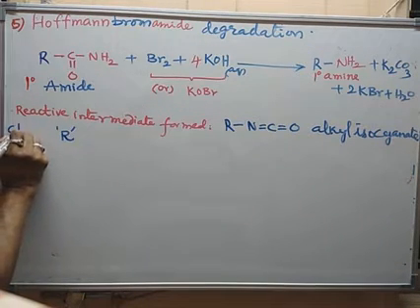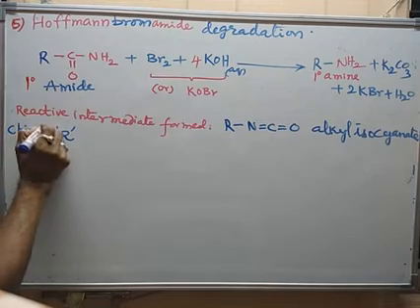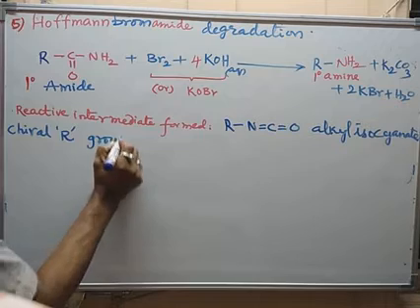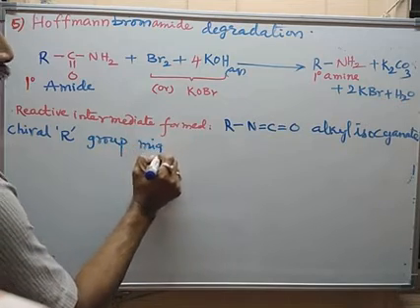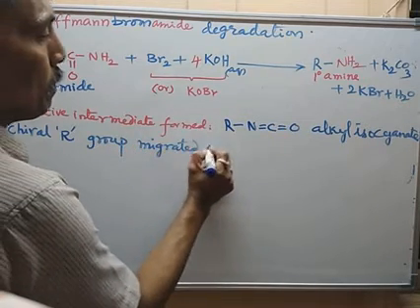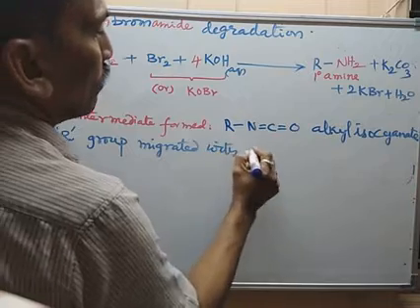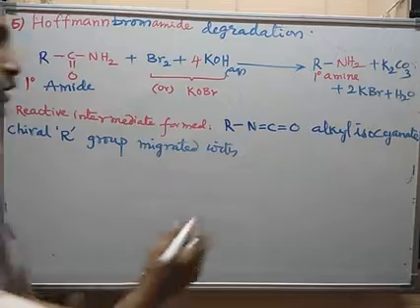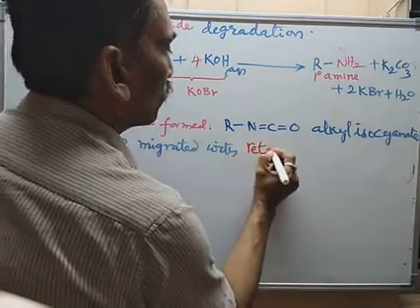What is that one? Chiral alkyl group is migrated with retention of configuration.